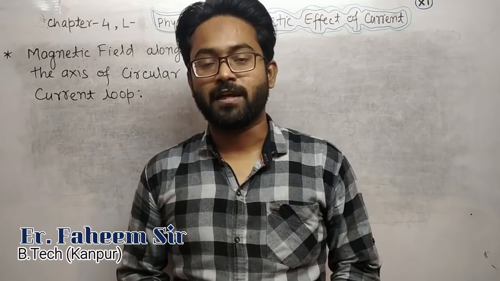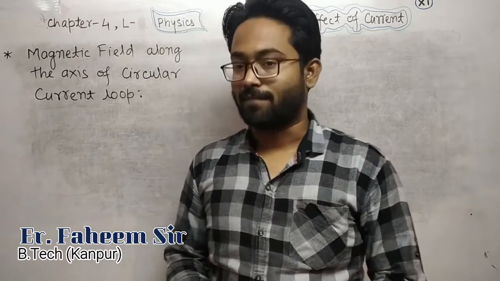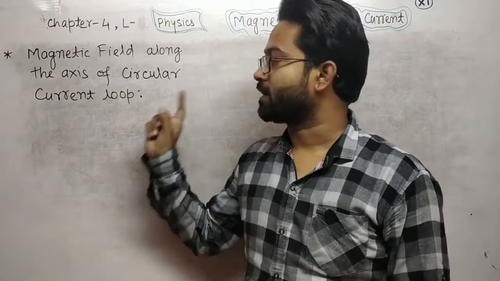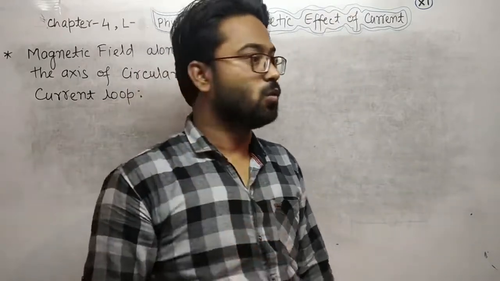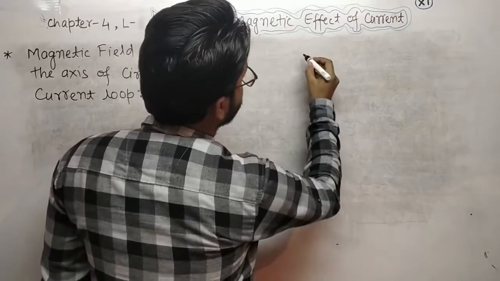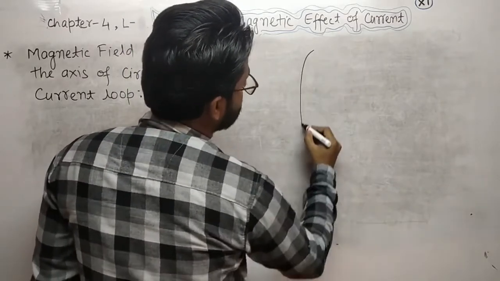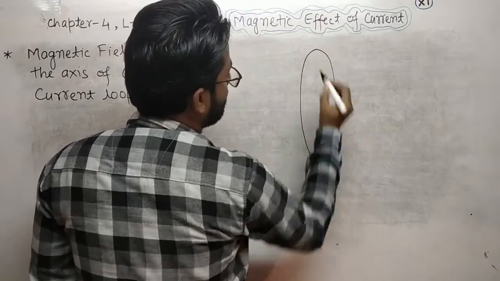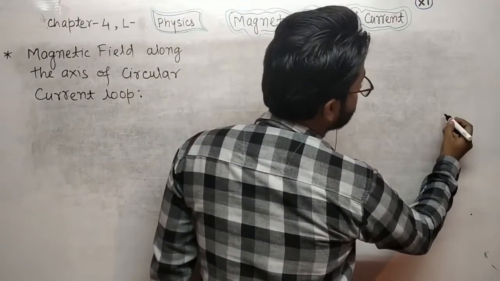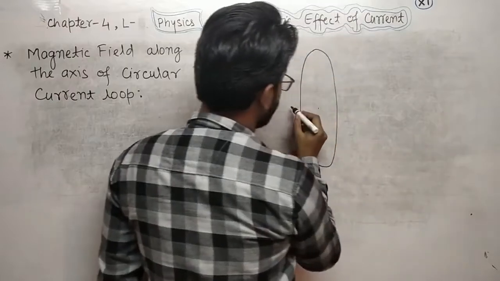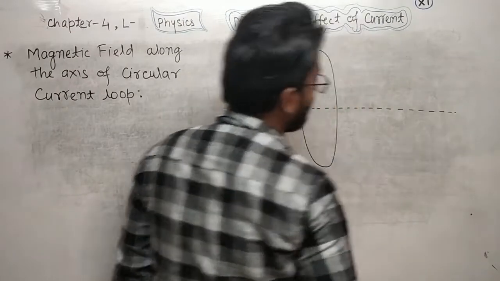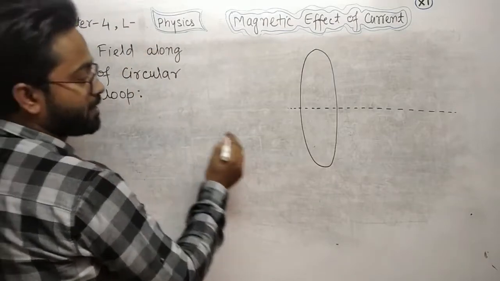Hello students, in this video we will discuss the magnetic field along the axis of a circular current loop. There is a circular loop, and we need to calculate the magnetic field on the axis, along the axis.